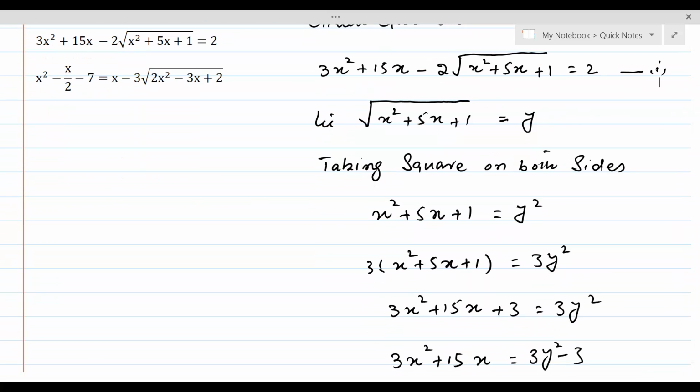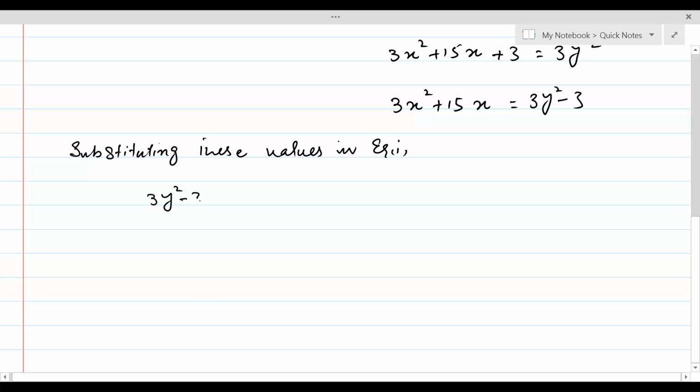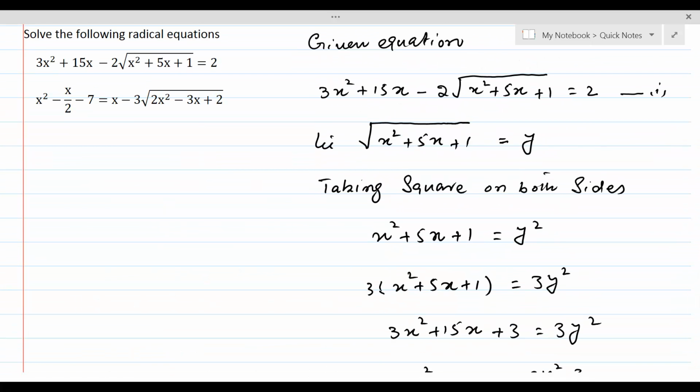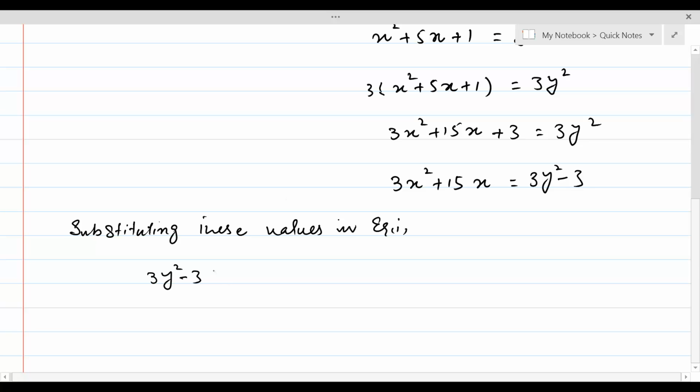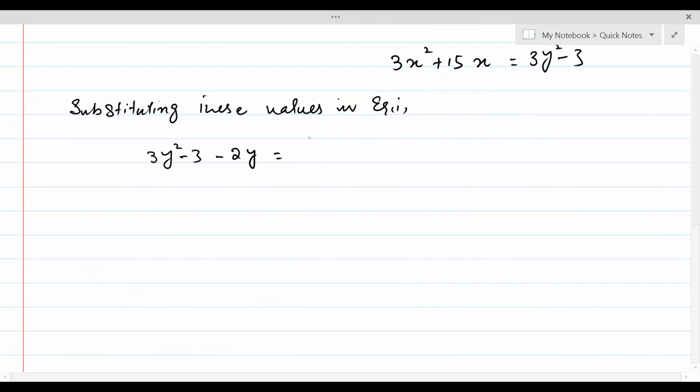Substituting these values in 1, what we have is 3y squared minus 3, and then minus 2y equal to 2. Yes, that is equal to 2.